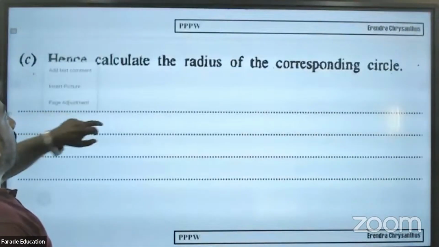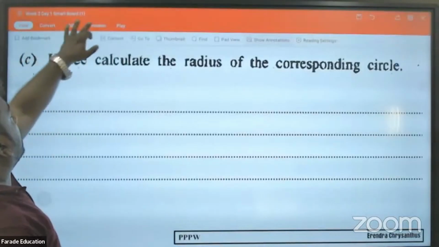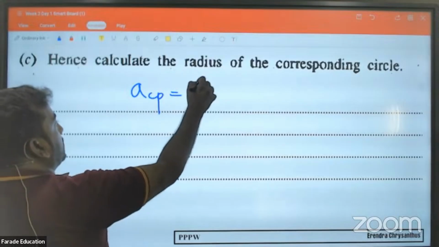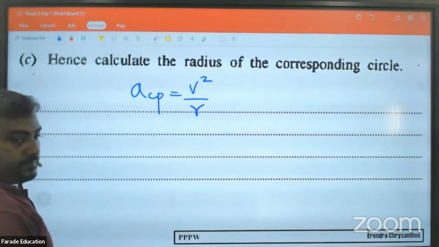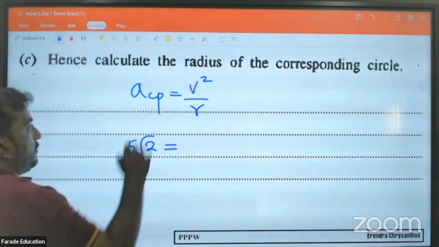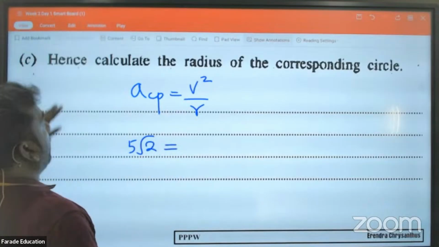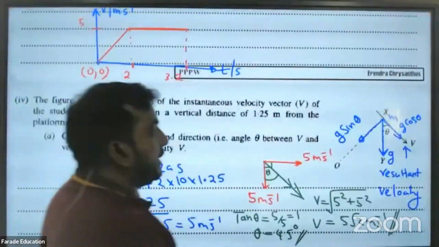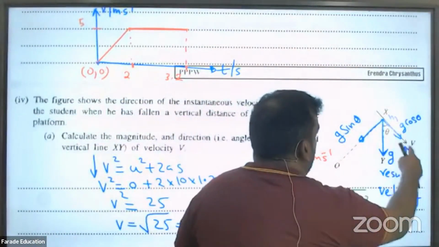Moving forward, calculate the radius of the circle. All of you know centripetal acceleration is also v squared over radius. Centripetal is 5 root 2. v is tangential velocity. What is your tangential velocity? Tangential velocity is 5 root 2.